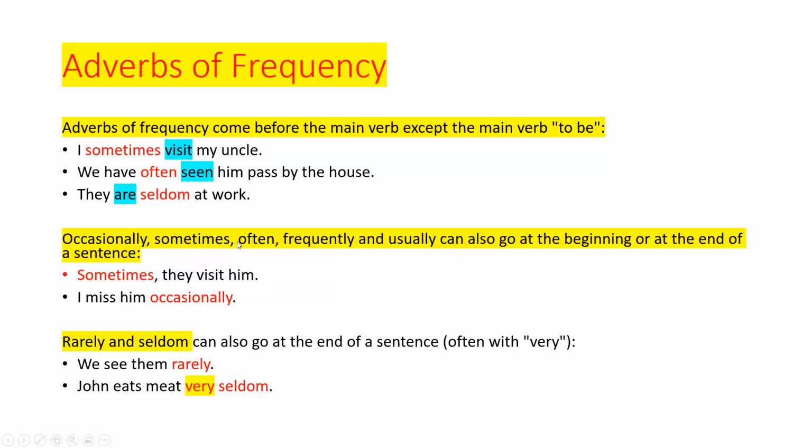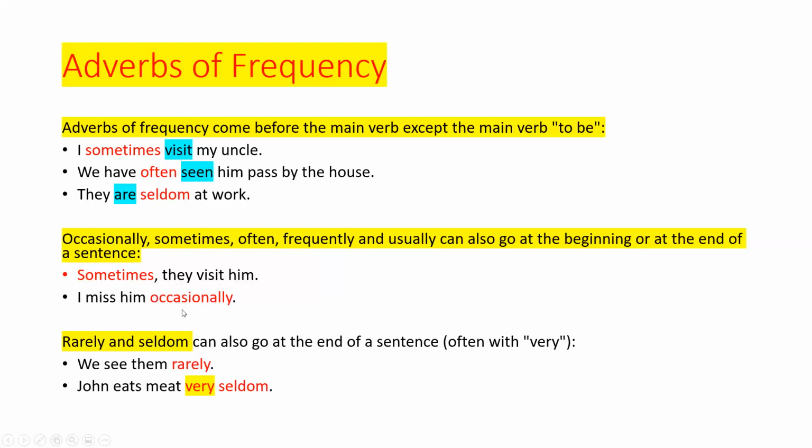Occasionally, sometimes, often, frequently, and usually can also go at the beginning or at the end of the sentence. Here you have some examples. Sometimes they visit him. Look, you need a comma here. I miss him occasionally.